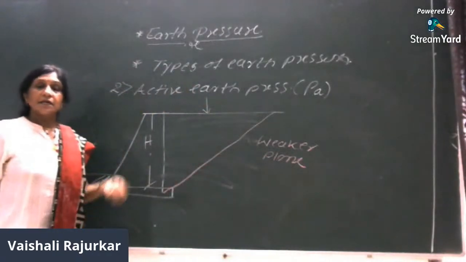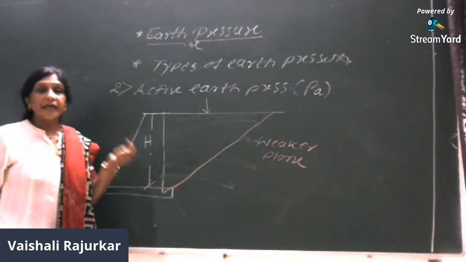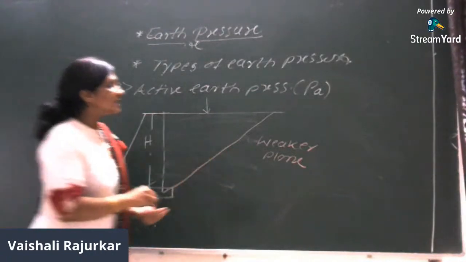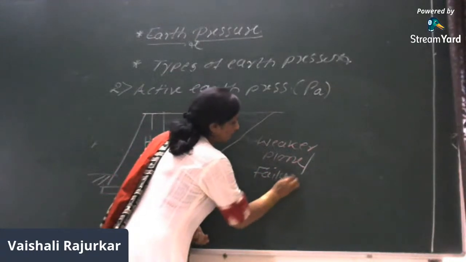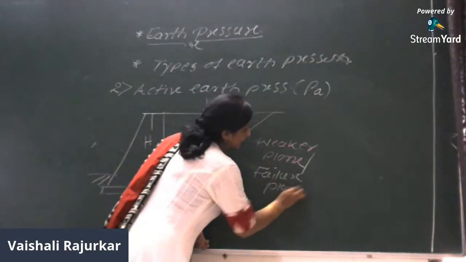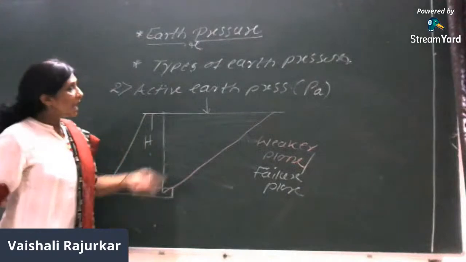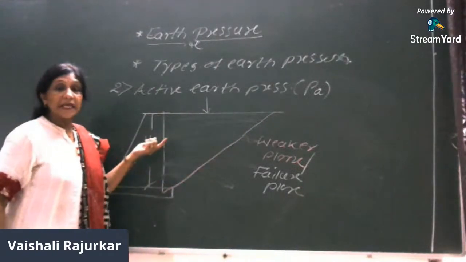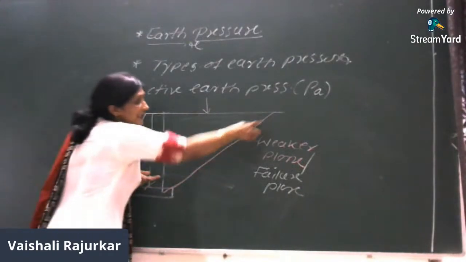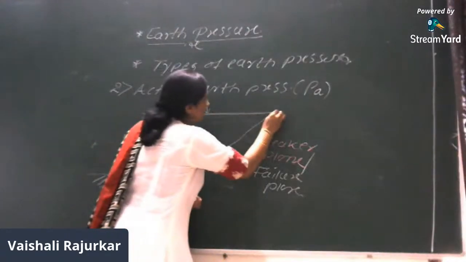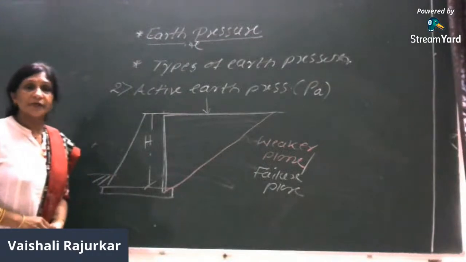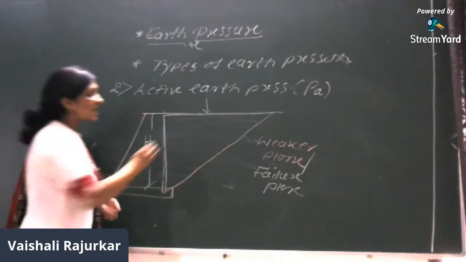Naturally, soil has a tendency to fail through a weaker plane. So here, this weaker plane will be considered as a failure plane. Now, if the soil mass fails through this section, in that case this portion of the soil mass is assumed to be an unsupported soil mass, because that is a failure wedge.